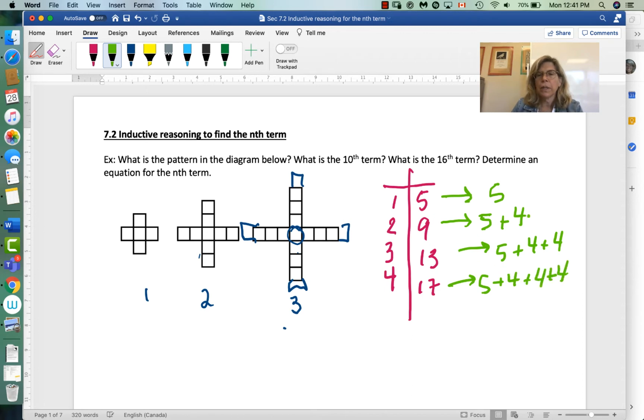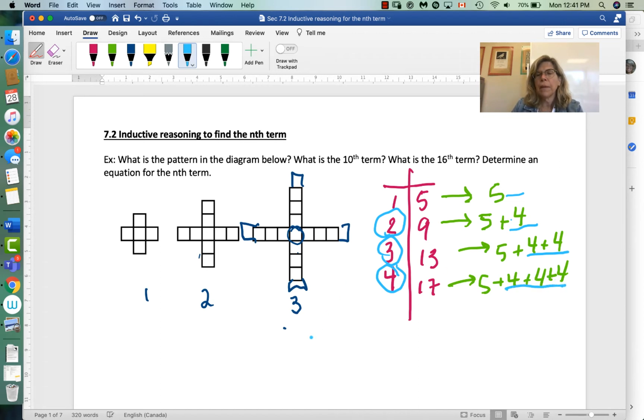So if you look at the way this is set up, I have 5 here and no 4s, so there are 0 4s, and one 4 for the second term, and the third term has two 4s, and the fourth term has three 4s.